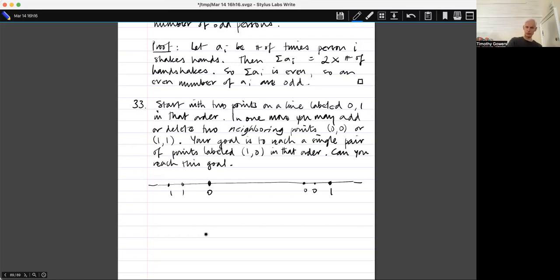What could the invariant be that distinguishes 0, 1 from 1, 0? I'm now going to try and be systematic. So I want an invariant of arrangements of noughts and ones down lines. And I want the value of that invariant, if my arrangement of noughts and ones is 0, 1, to be different from the value of my invariant if I have 1, 0.